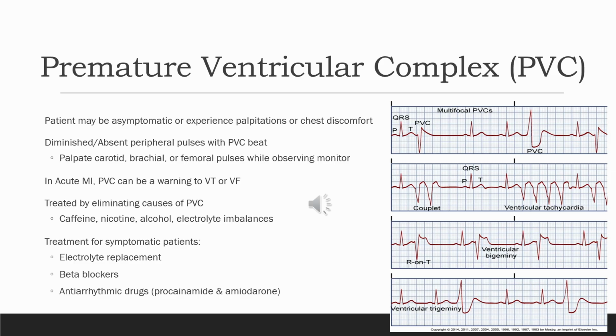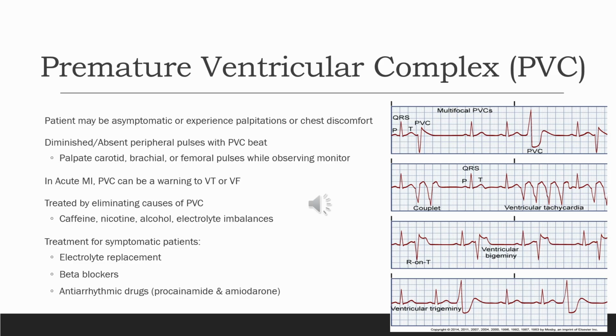So these patients may be asymptomatic, or they may report palpitations or chest discomfort or feeling like they have a skipped heartbeat sensation. Due to the irregular ventricular contractions, stroke volume is going to be reduced, which can lead to a diminished or even an absent peripheral pulse during PVC beats. That's why it's so important that we palpate the carotid, the brachial, and the femoral pulses whenever we're monitoring for PVCs.